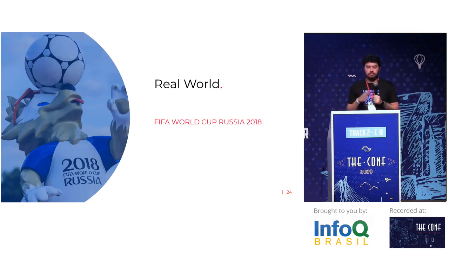So we saw some techniques, we saw some approaches, but how can this work in the real world? How can we offer a good experience for the users trying to access our products using these techniques, using bulletproof APIs?